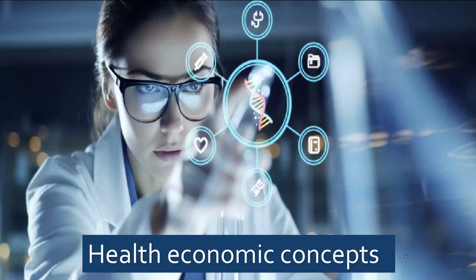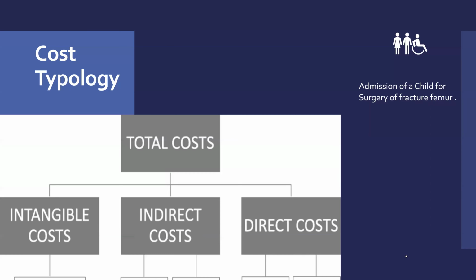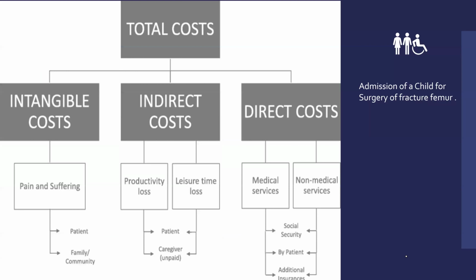So we will go through some concepts and then we'll go to the study. So what is a cost? How will you define a cost? We'll take a case of a child who has been admitted for a fracture. Mother, father, child, they've come to the hospital for a fracture. So what are the costs this family will go through? We can divide the costs as direct costs.